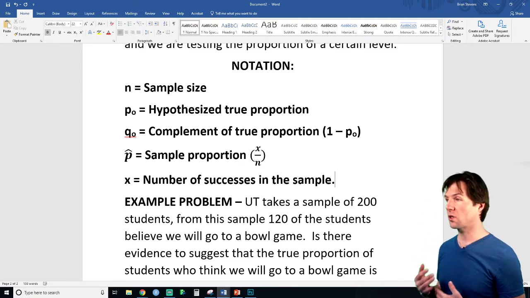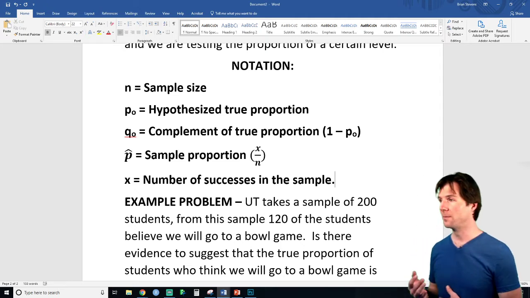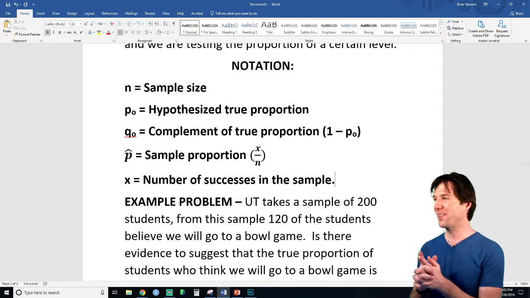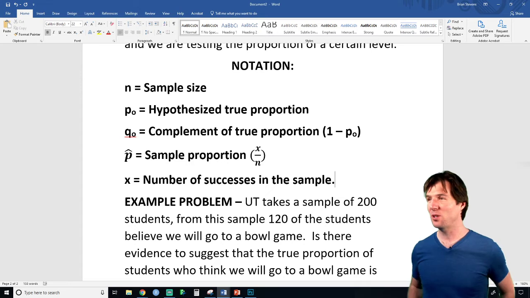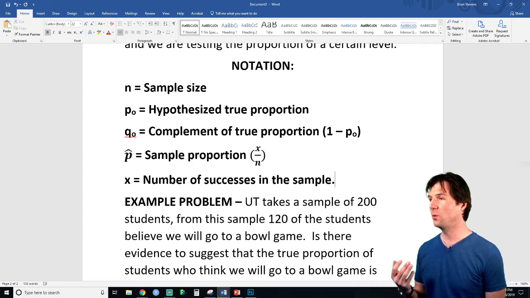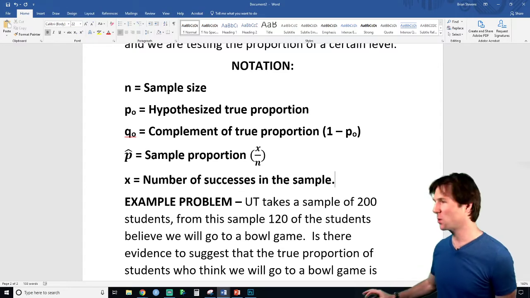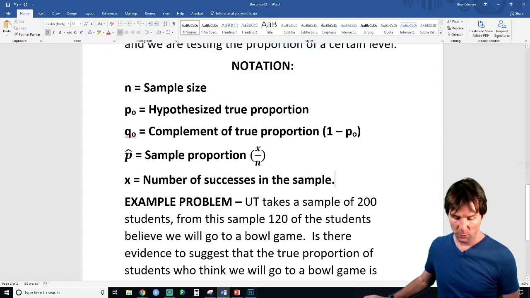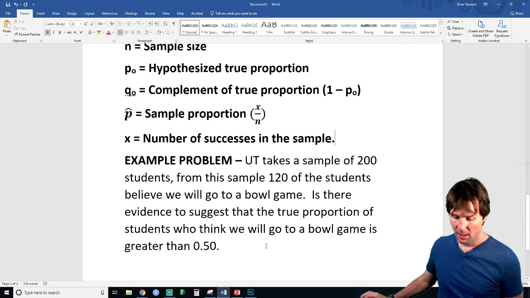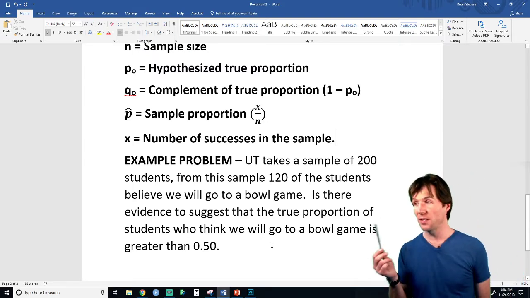So immediately you should start identifying things in this problem. Can anyone tell me, if you're in the chat right now, we should have n, we should have p naught, we should have q naught, we should have p hat, we should have x, and all these things are in this problem right now. This is what I would do on the test.